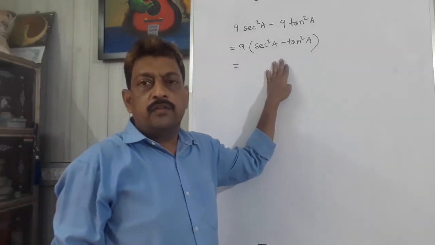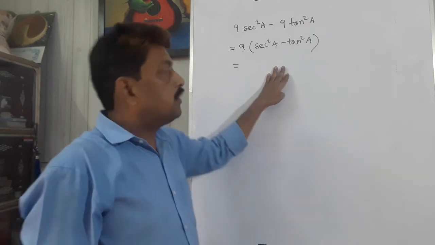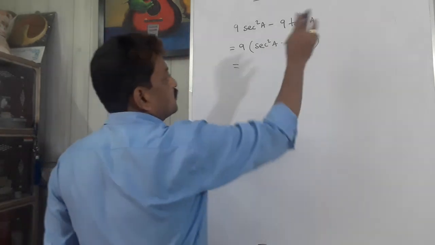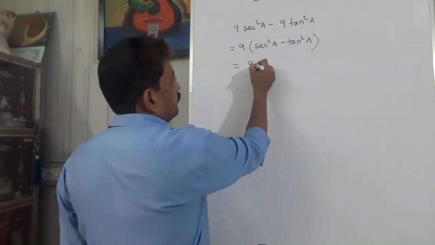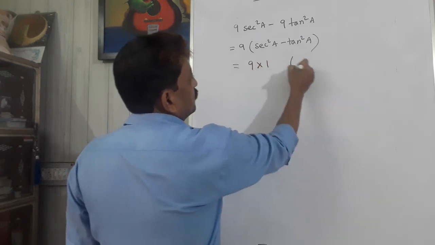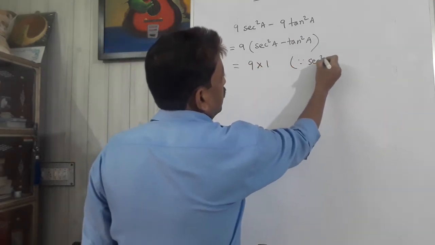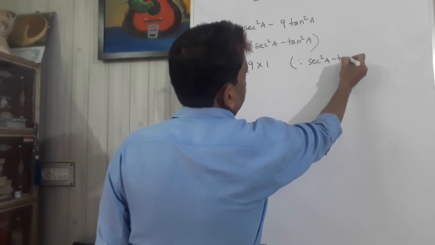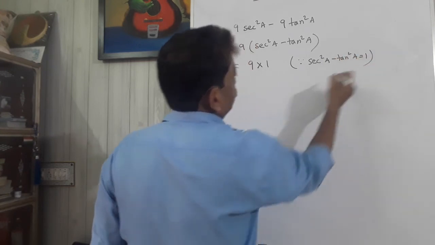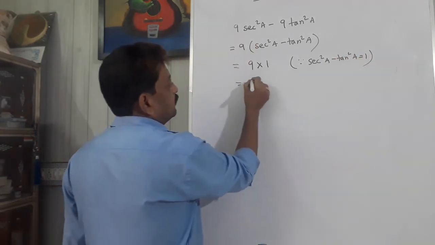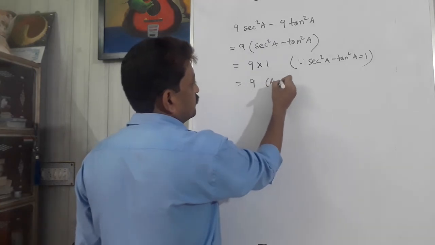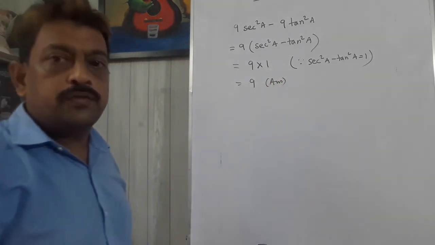This is an identity we have done. Sec square A minus tan square A is 1. Therefore 9 multiplied by 1 is 9. Here is the answer. Understood? Okay.